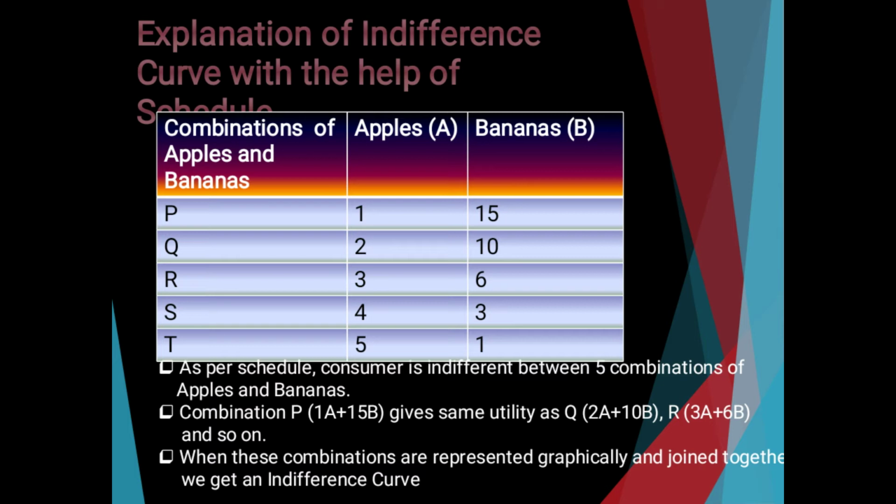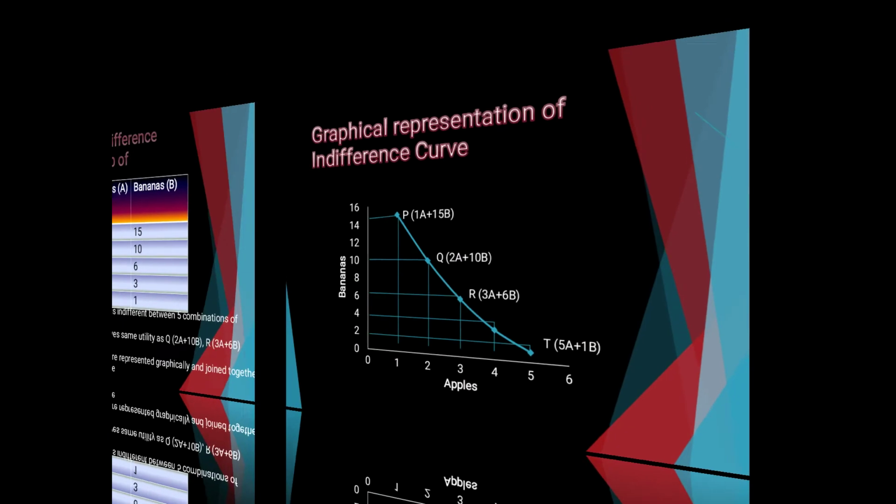As per the schedule, the consumer is indifferent between the 5 combinations of apple and banana. Combination P, which includes 1 apple and 15 bananas, gives the same utility as combination Q, that is 2 apples and 10 bananas, and so on. When these combinations are represented graphically and joined together, we get an indifference curve.